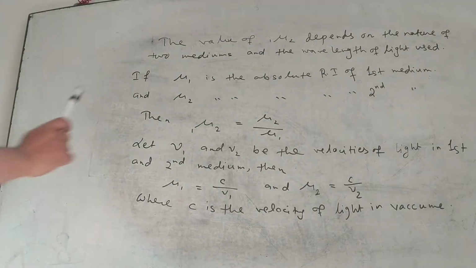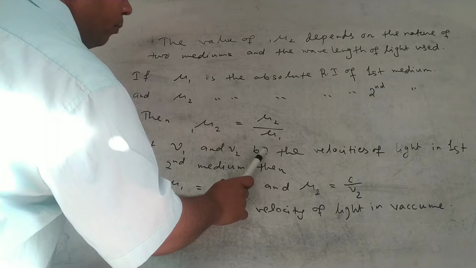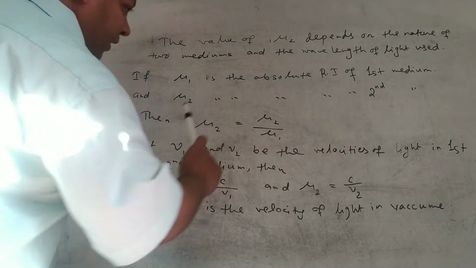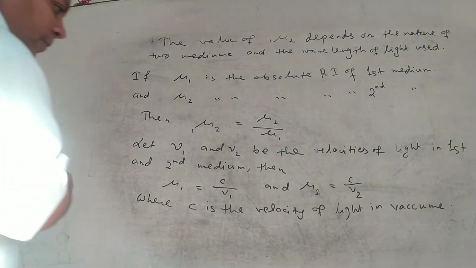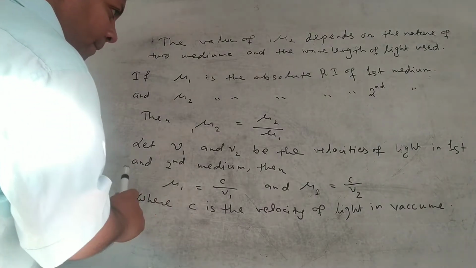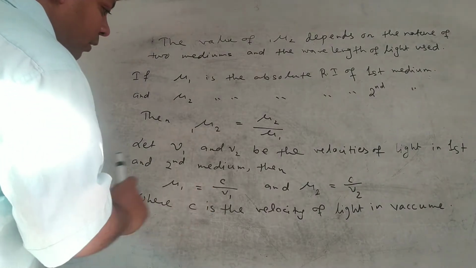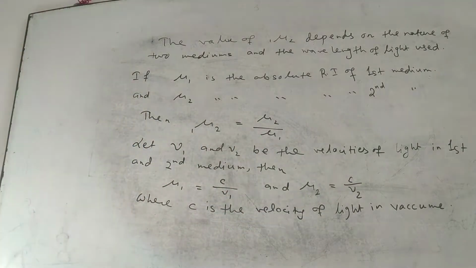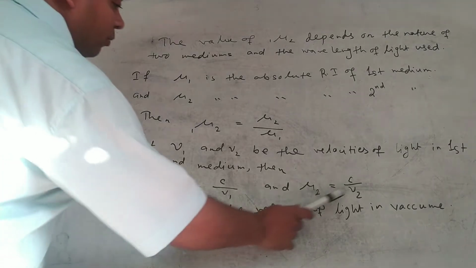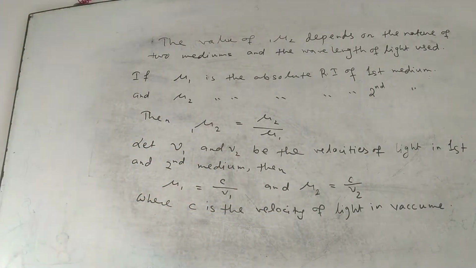Now let v1 and v2 be the velocities of light in the first and second medium respectively. Then μ1 is equal to c by v1 and μ2 is equal to c by v2, where c is the velocity of light in vacuum.